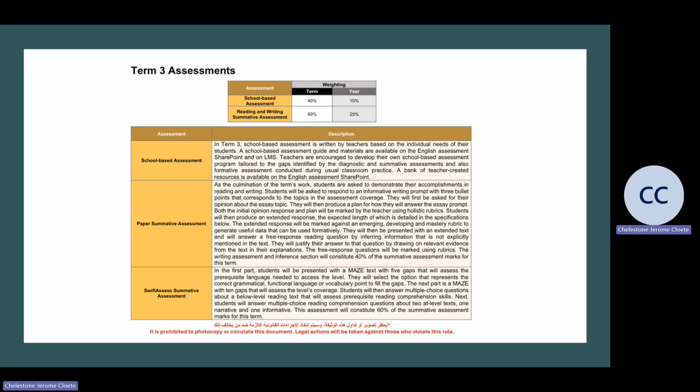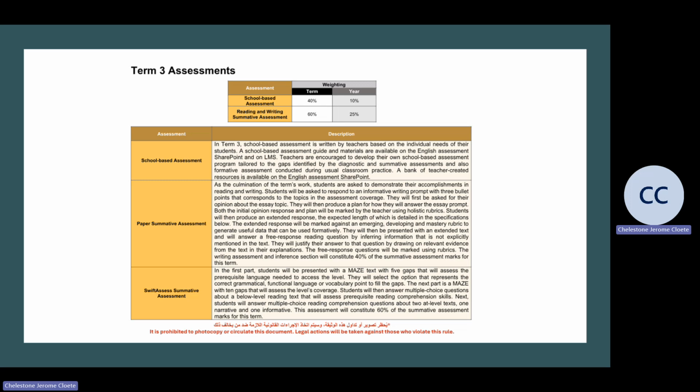For your paper summative assessment, it goes as follows. You are asked to demonstrate your accomplishment in reading and writing.